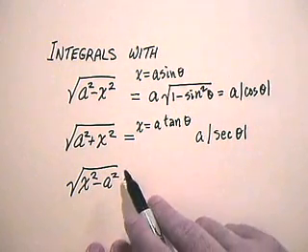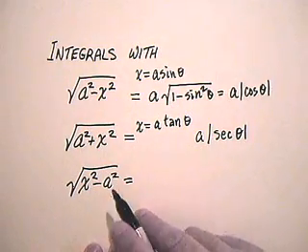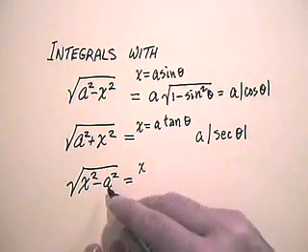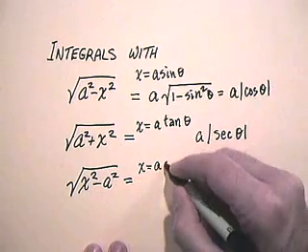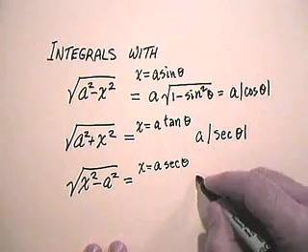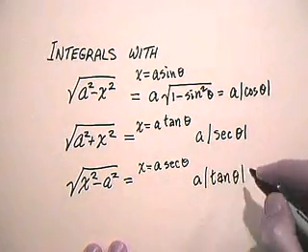That is, secant square minus 1 is tangent square. And so likewise here, if I were to see this type of radical expression, I could set x equal to a secant theta, and the radical would become simply a absolute value tangent of theta.